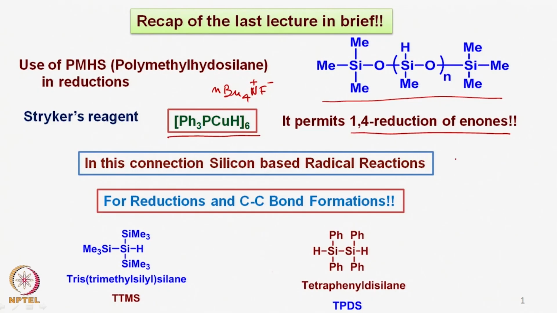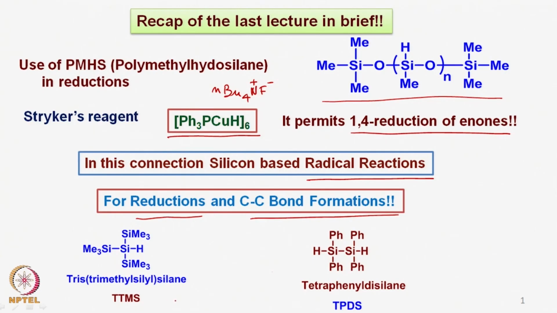In this connection we also saw the effect of silicon based reducing agents, both triethylsilane and polymethylhydrosiloxane. Then we also looked at the silicon based radical reactions. In that context we saw both reductions using silane based reagents and also CC bond formations using radical based chemistry.